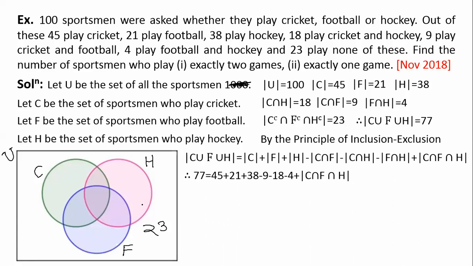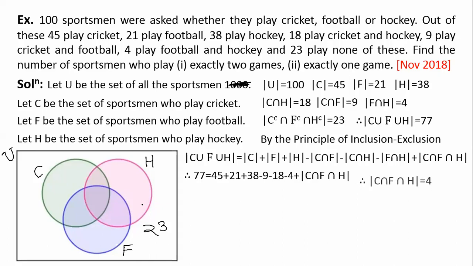And let us put these values. 77 is equal to 45 plus 21 plus 38 minus 18 minus 9 minus 4 and plus we do not know the last one, that is cardinality of C intersection F intersection H.